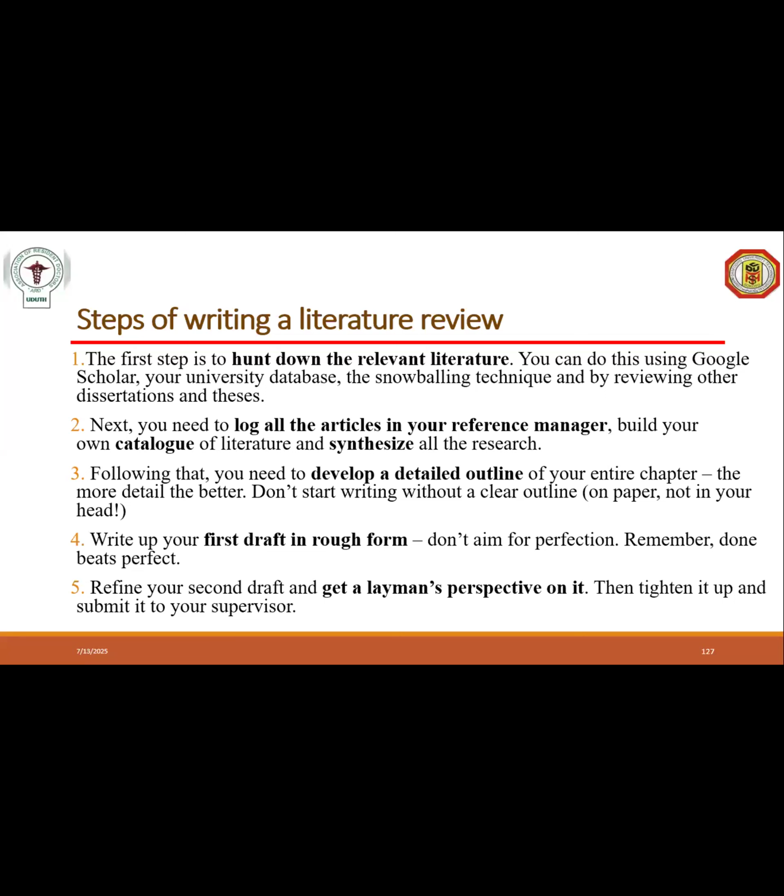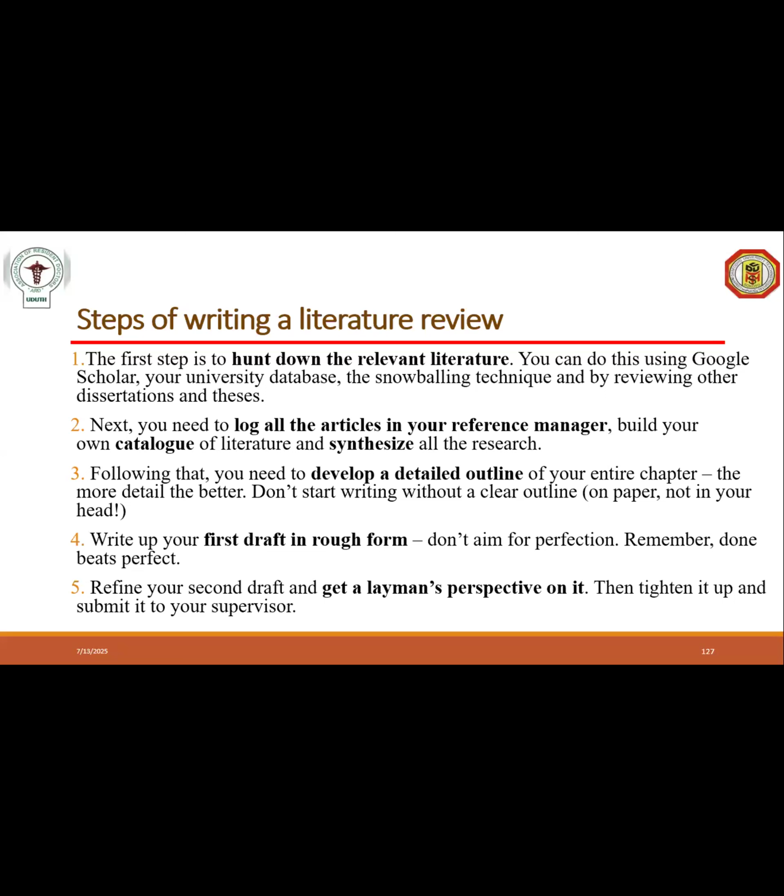So that is 2.1. Then the next one is 2.2. The heading for 2.2 should be your first specific objective. Then 2.3 is your second specific objective. 2.4 is your third specific objective, like that. When you finish with the outline, then you start the write-up. Write up your first draft in rough form. Don't aim for perfection.